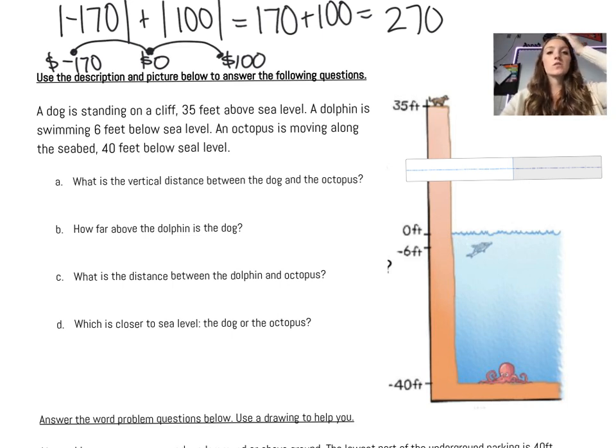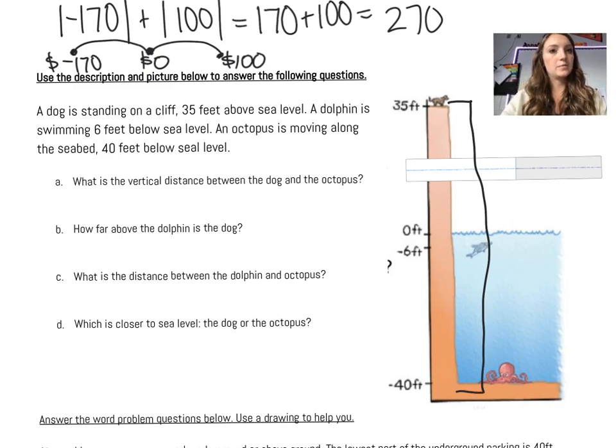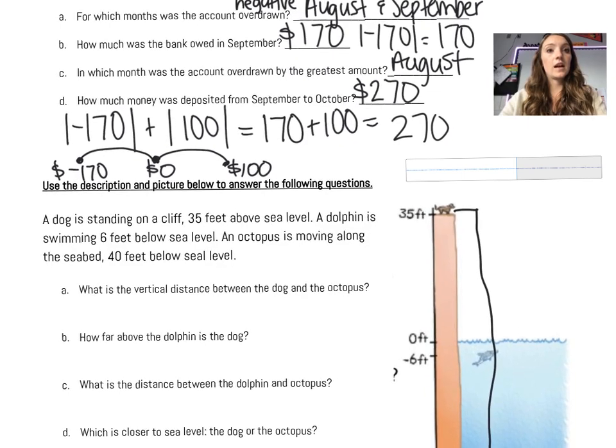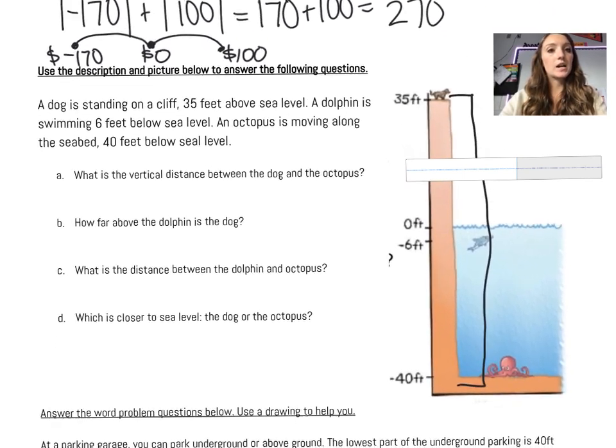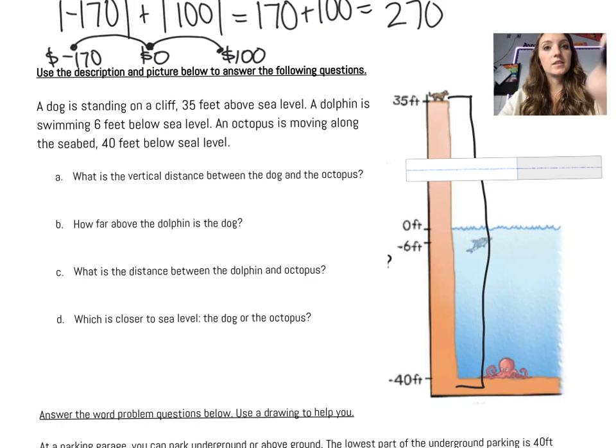So to find our answer for letter A, what is the vertical distance between the dog and the octopus? I want to find my distance from the dog at the top to the octopus down at the bottom. So similar to letter D on the problem above, I'm starting at a positive 35 feet for the dog.